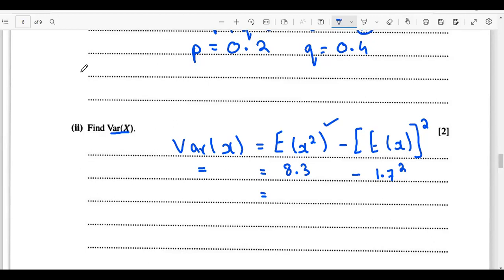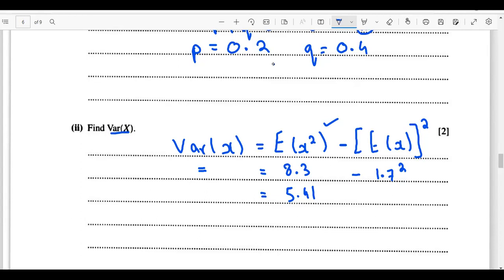Check that again. It's 8.3 minus 1.7 square. Very good. What is your variance? 5.41. Very good. Ma'am, if we square minus 1.7, won't we get a positive number?